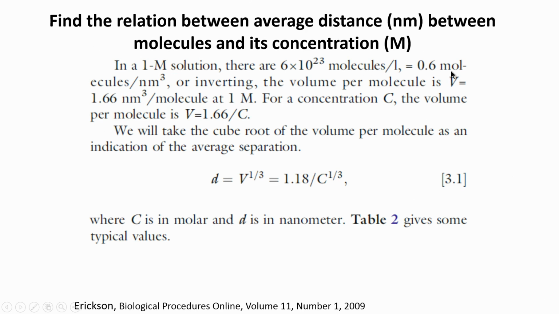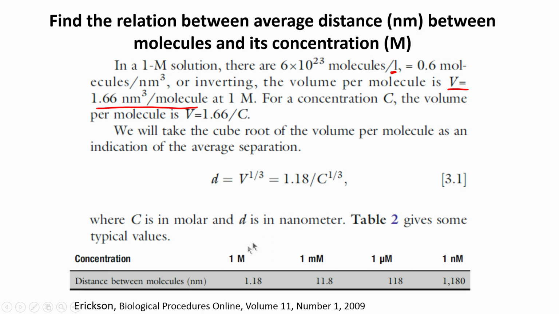That means there are 0.6 molecules per nanometer cube, because we know that this many are per liter, and if you do the conversion, the volume comes out to be 1.66 nanometer cube per molecule. Then you can do a similar calculation as we did before, and what you will find is that if the concentration is 1 molar, then the average distance between molecules is only 1.18 nanometers.